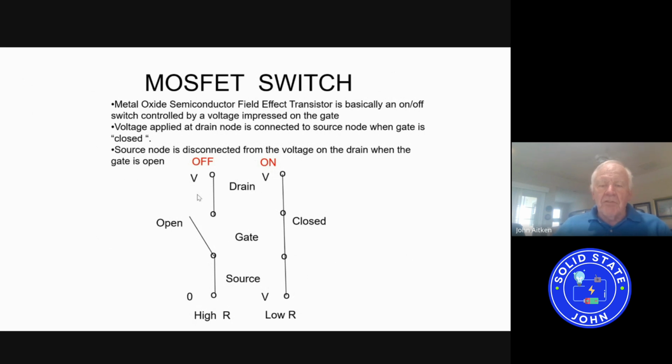Here's a simple picture of a switch. Just like turning on a light bulb in your house, when you throw a switch, the light bulb is connected from a power source at the electric line that comes into your house to the light bulb. When it's closed, the power is directed to the light bulb.